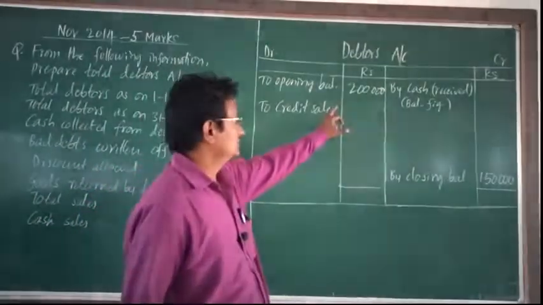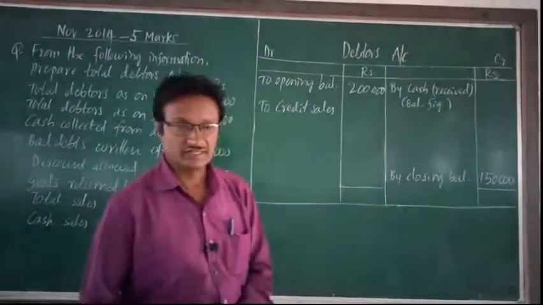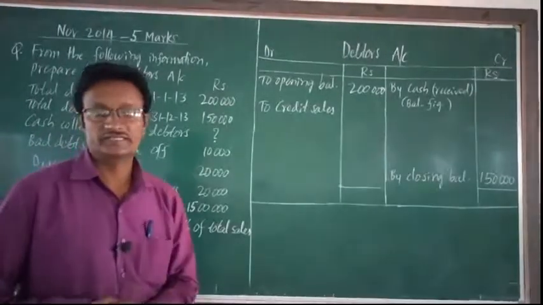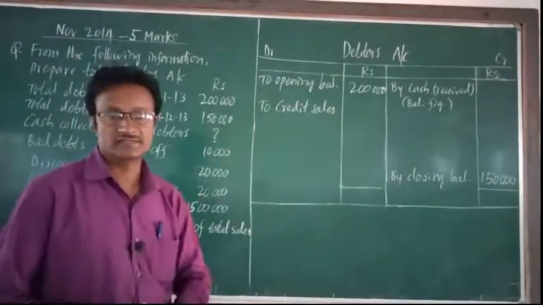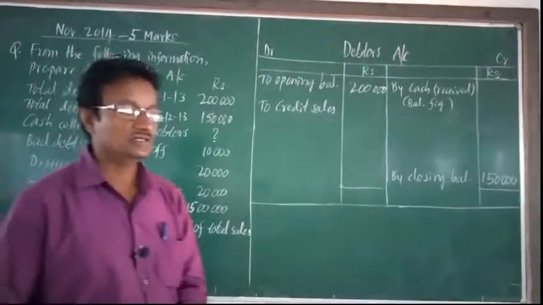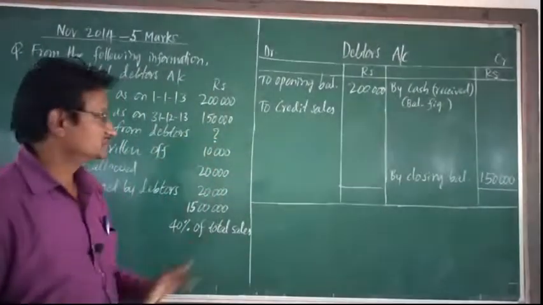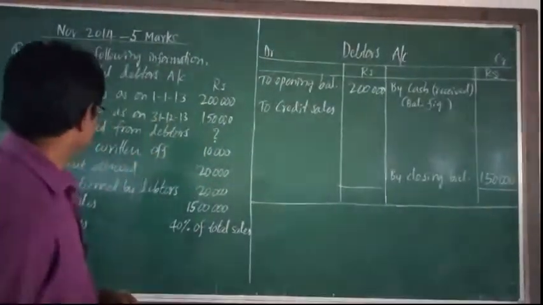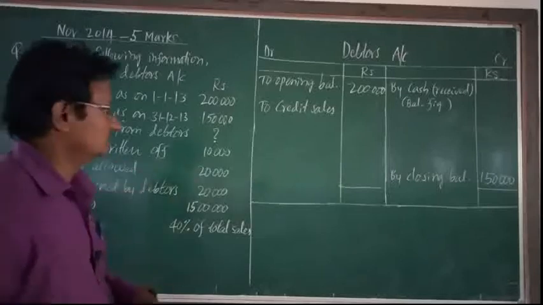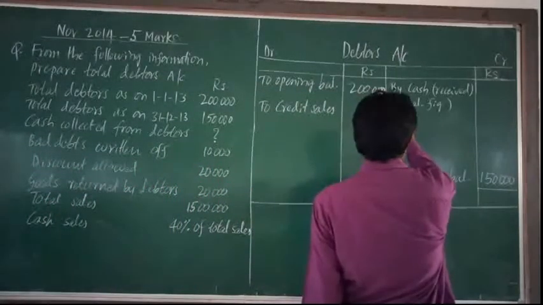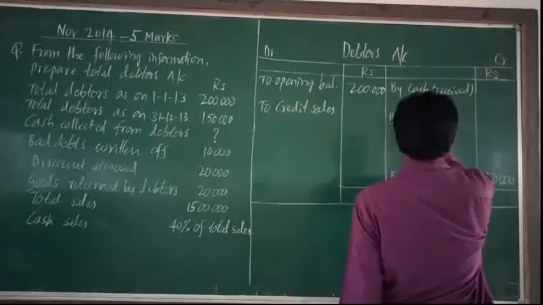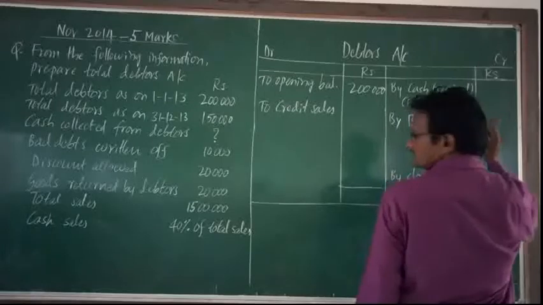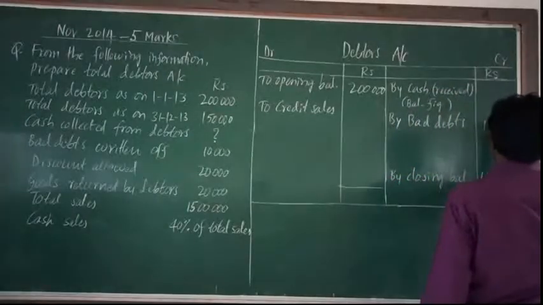In the debtors account debit side, only opening balance and credit sales have to be entered, and here there are no bills dishonored, and all items have to be entered on the credit side as per the journal entry principle. So next item is bad debts written off. It has to be entered on the credit side as by bad debts. That is 10,000.